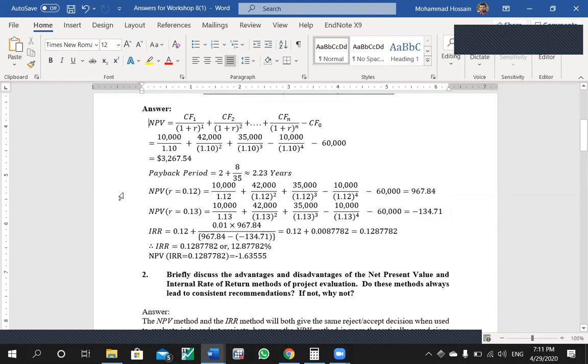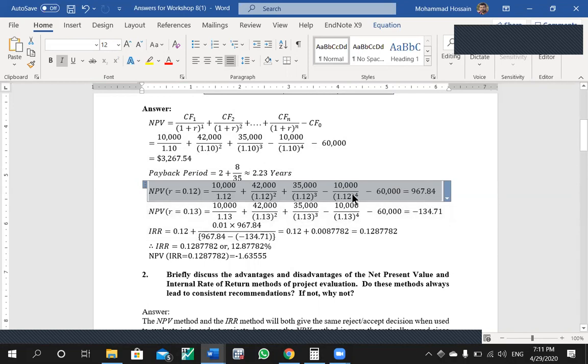So they tried the IRR, assuming it could be 12 or 13. That's what they try to check. When it is 12, you get your NPV as 967. We have tried with 10, and it is positive. If you discount it more, increasing the cost of capital, it becomes 967. If you go for 13%, it will be minus 137.